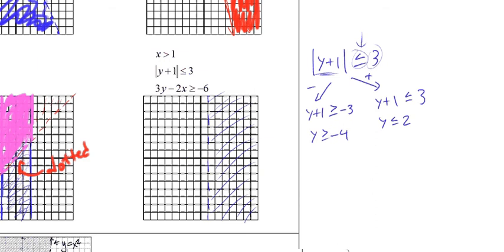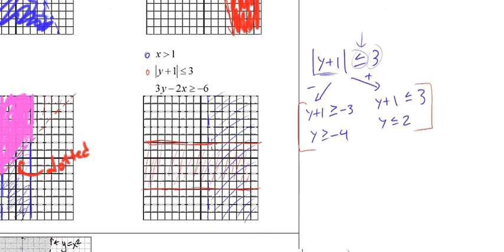And so let's see what's going on here. We'll do this one in red. The first graph was in blue. This one we'll do in red. And so where y is greater than or equal to negative 4, so solid line here, and where y values are greater than, but the boundary for this one's going to end when y is less than 2, so solid line at 2 as well, and less than.